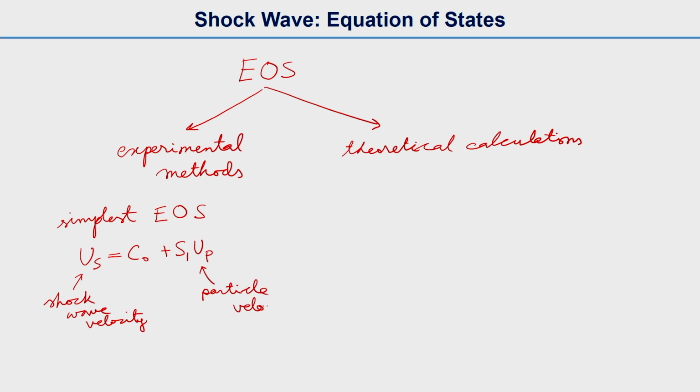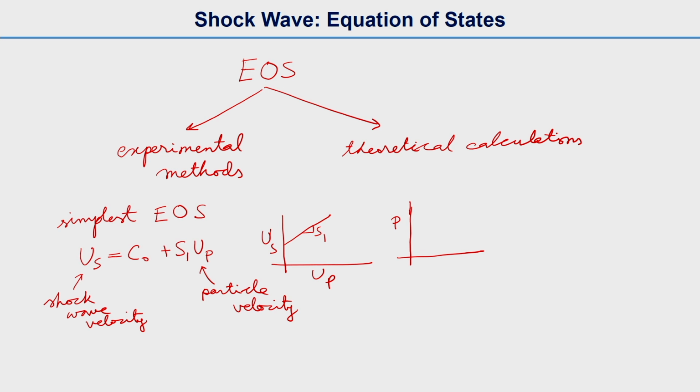So this is the simplest one. We actually plotted this earlier: Us versus Up is a linear relation with slope S1, and there can be some other relations also.